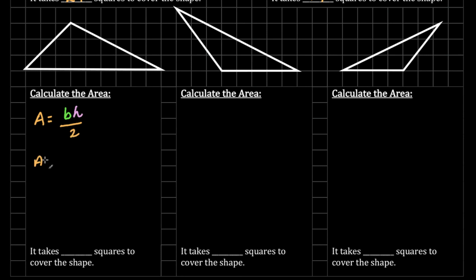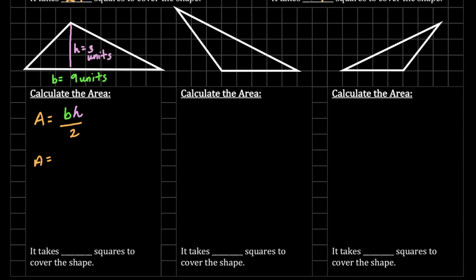So the area equals, now the base is 1, 2, 3, 4, 5, 6, 7, 8, 9 units. The base measures 9 units long, and the height measures 3 units long.